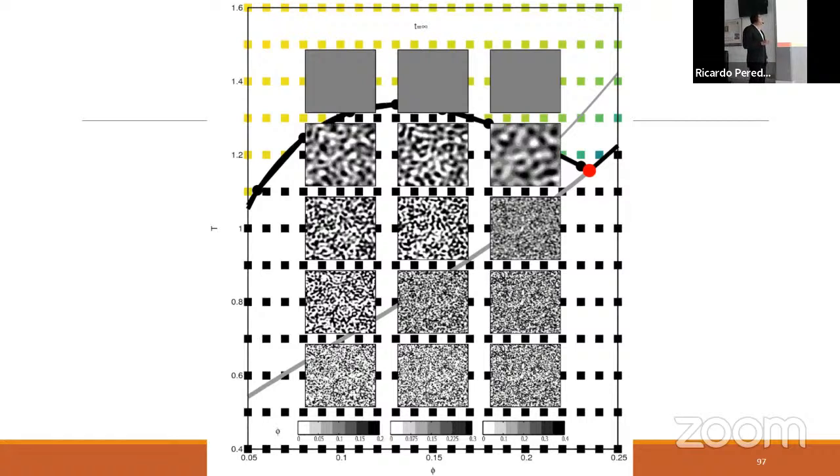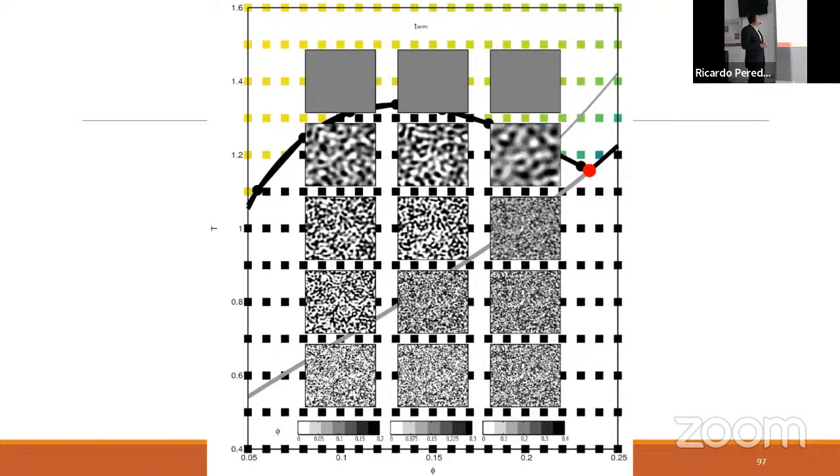But when we enter the states inside the dynamically arrested regions, such as these ones, we can follow different displays depending on where the final states are considered.